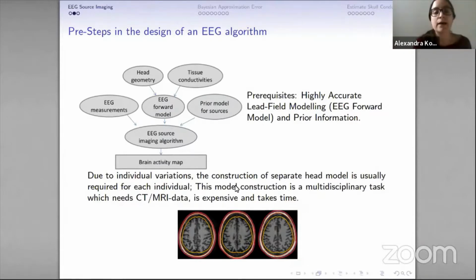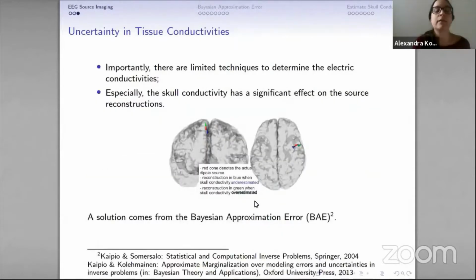I want to say that one difficult aspect is the determination of the electrical conductivity of the different tissues, and I will focus especially on the skull conductivity, because it has very large variation from person to person, and it can significantly affect our reconstructions.